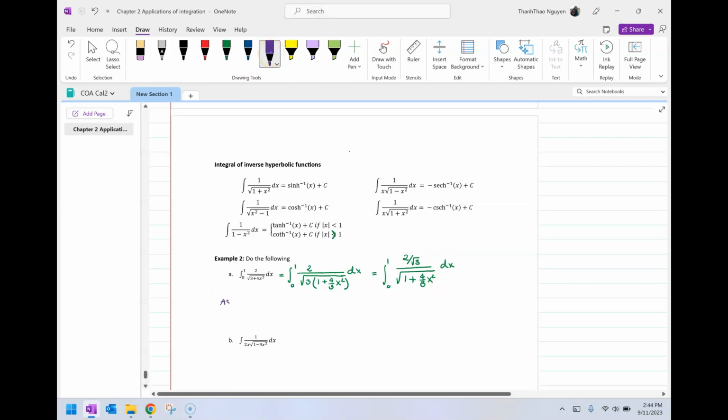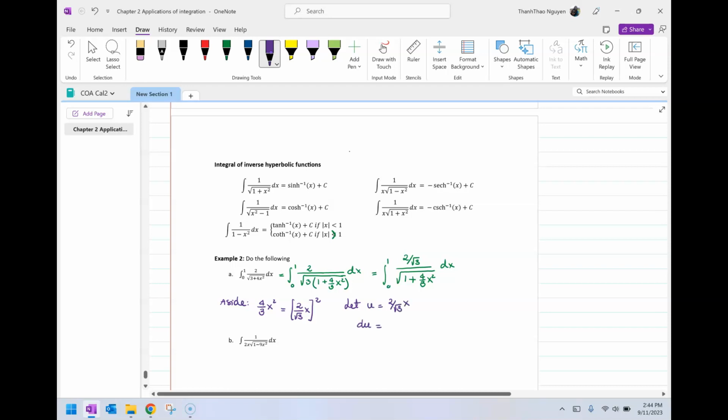So assign 4/3 x squared is the same as saying (2 over root 3 times x) squared. Okay. So what I'll do is I'll go ahead and let u equal 2 over root 3 x.